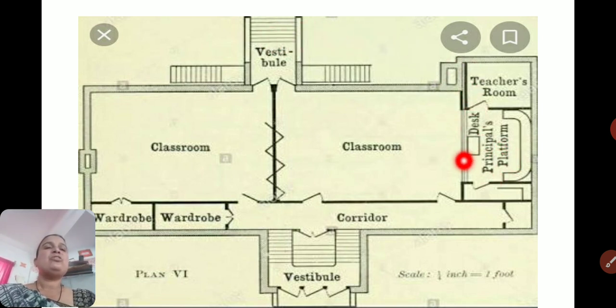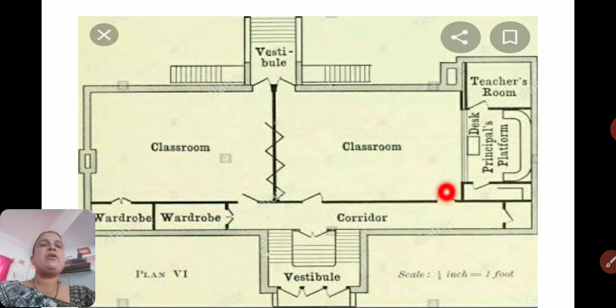Such a drawing, which we draw before construction and which shows how it will exactly be afterwards, is called a plan.